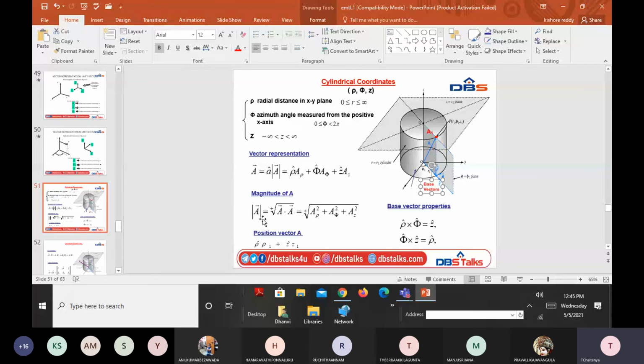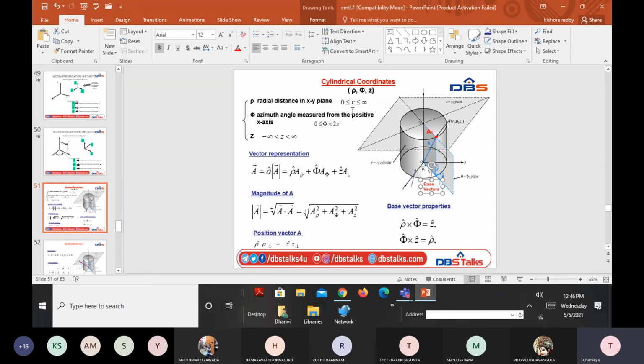Now go for the magnitudes, just formulas. Position vector means calculating where the vector is located with respect to the origin. The radius rho can lie from 0 to infinity, and the azimuthal angle can range from 0 to 2 pi.